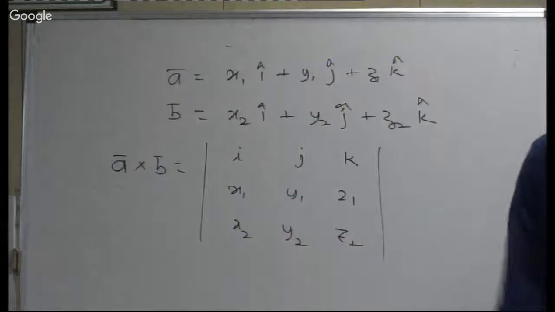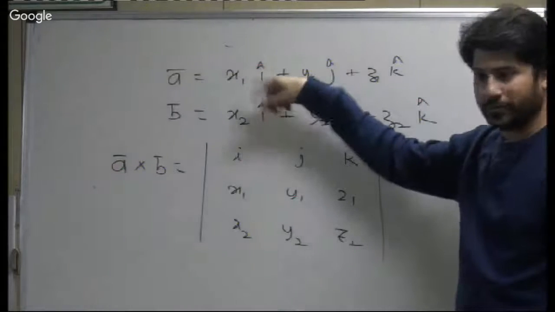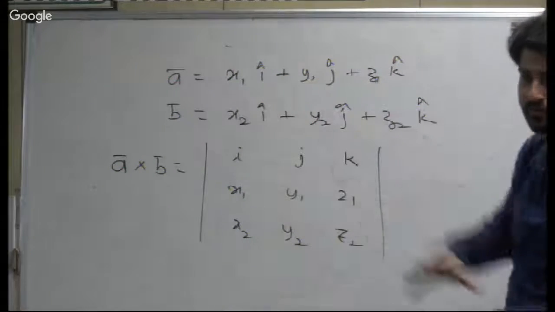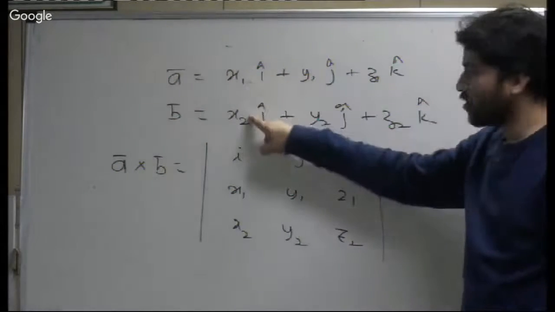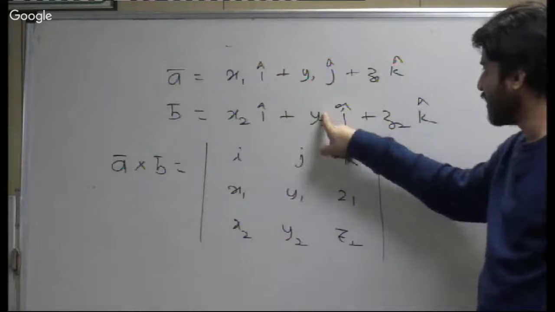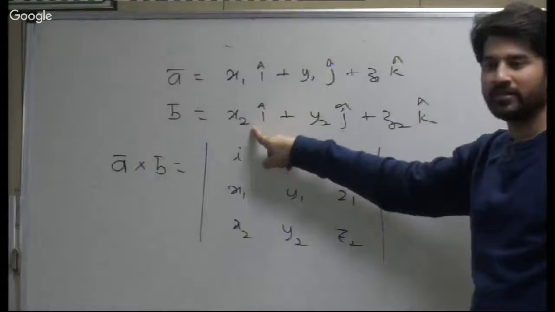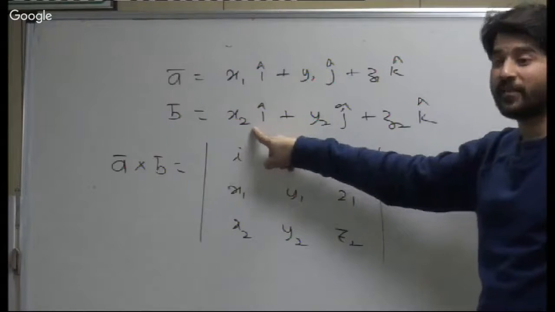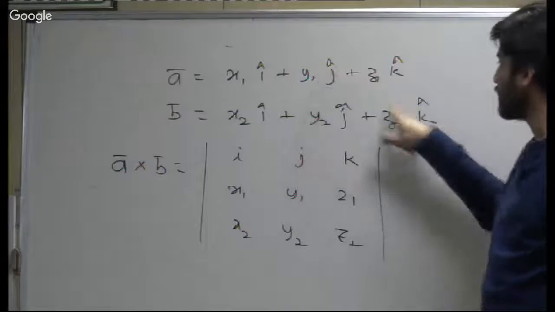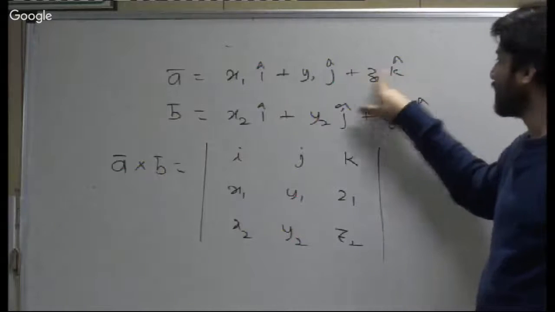If you do the tidy way of multiplication, this will turn out to be 0, and this one makes k, this makes minus j, and this makes plus i.